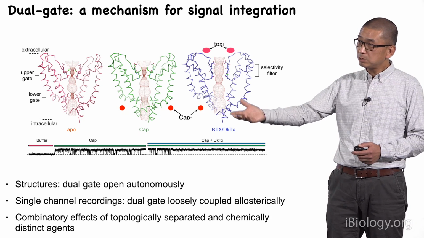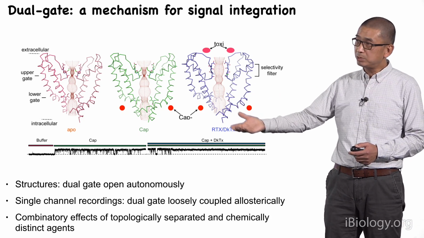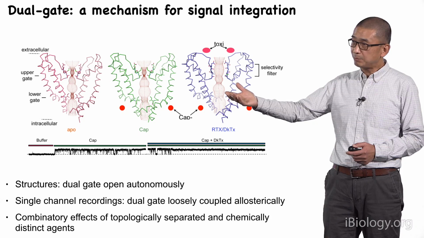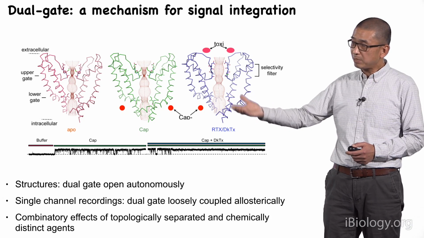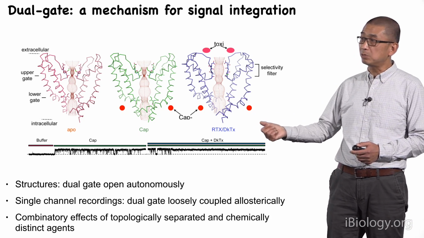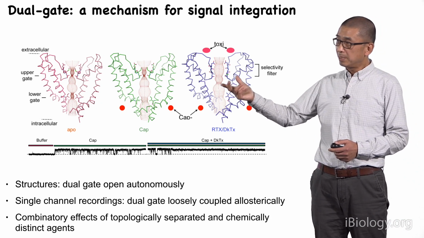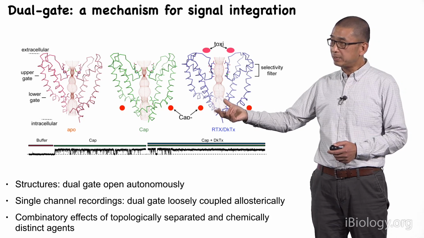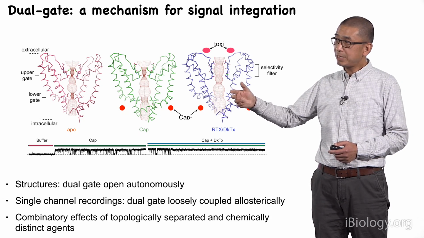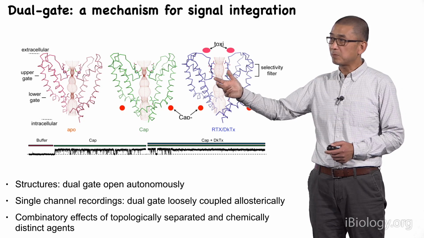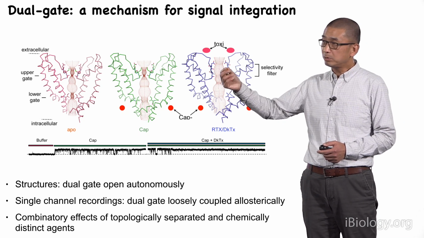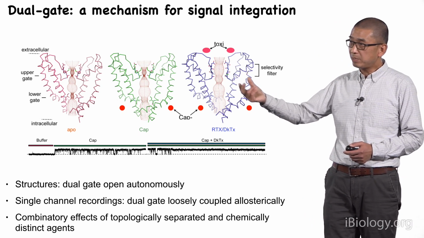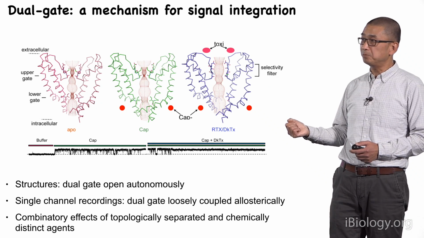Corresponding to this, the single channel recording shows that in the presence of capsaicin the channel is flickering back and forth between open and closed conformations. This suggests that the opening of the lower gate by capsaicin could allosterically destabilize the upper gate, making the upper gate also transition back and forth between the open and closed conformations.